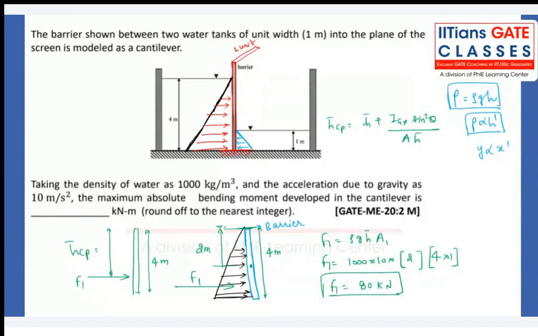As the top surface coincides with the free surface, you will not require that much calculation, because for a uniformly varying load, what is the center of gravity? Not the geometry. The center of gravity of a uniformly varying load will be 2h by 3 if the total height is h. So from the apex it is 2h by 3, from the bottom it is h by 3.